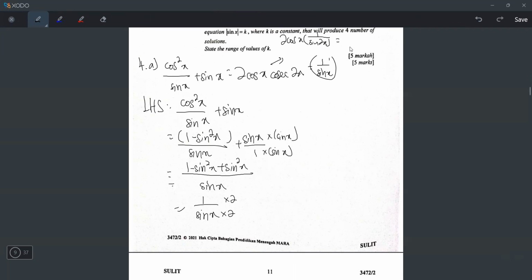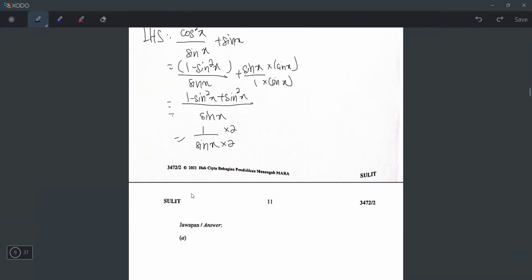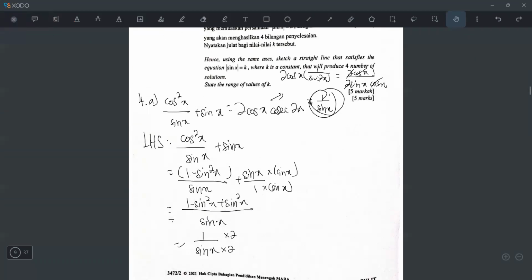And this is actually 2 cos x over sine 2x, which is 2 sine x cos x. And then only I cancel. That's why it's just left with 1 over sine x here. That is why I know I need to times 2. Okay, I need to times 2 over 2 so that I can change it into 2 over 2 sine x, which is exactly what's here.